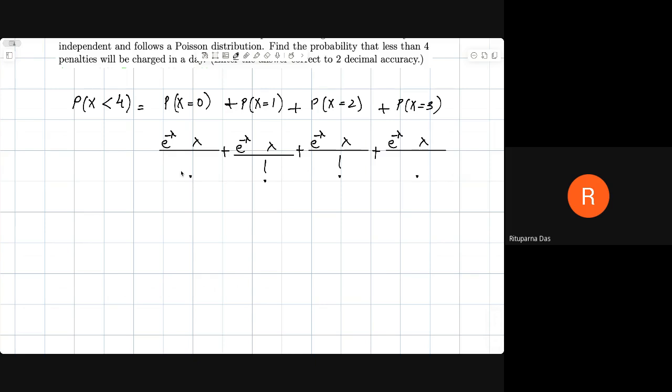Right, so I think you can solve this. Here lambda is equal to 5. Value of e is always 2.71828. So this will be 5 raised to the power 0. 0 factorial is 1.